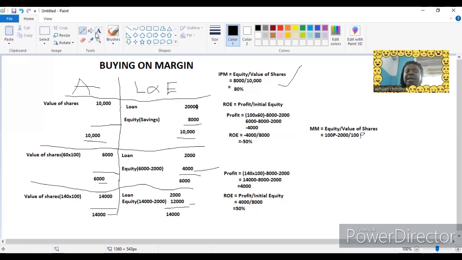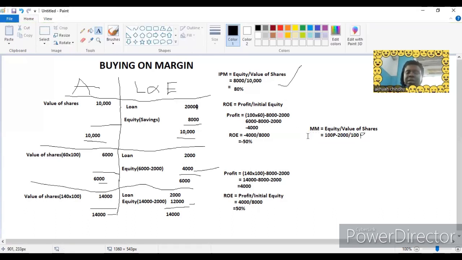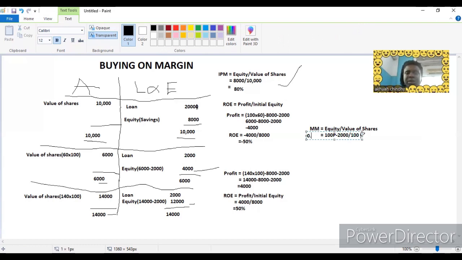Then our maintenance margin is 30%, which is 0.3. Then we'll solve it in a normal way. So we have 0.3 times 100P is equal to 100P minus 2,000.